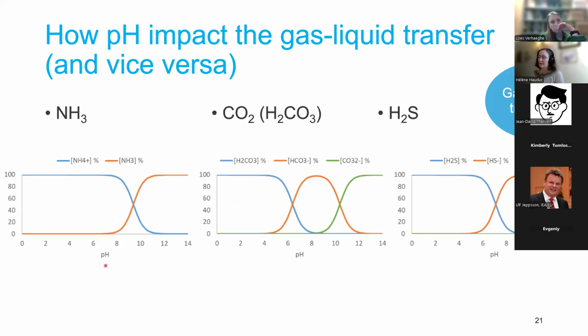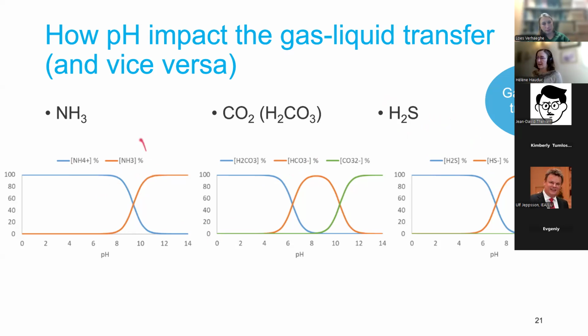What should also be mentioned is that, depending on your process, you may want to strip those gases or to keep them dissolved, depending on whether you want to recover ammonia, treat or recover sulfide in one way or another, or if you want to keep it soluble for some reasons, then you may have to play with the pH.